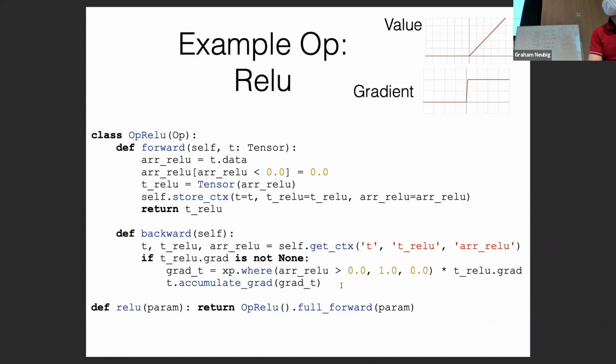Yes. P value is the following node. So array value feeds into P value. So this is the tensor. This is the value of the following computation, or the resulting computation.